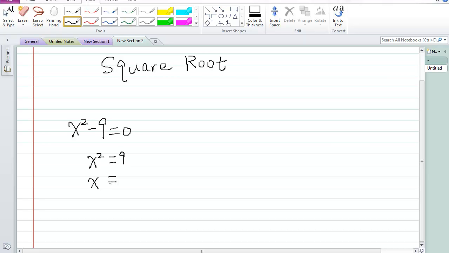Remember, when you square a negative number, you get a positive number. So x basically has two possibilities, one positive, one negative. So we get positive and negative square root 9, which is positive and negative 3. Right?